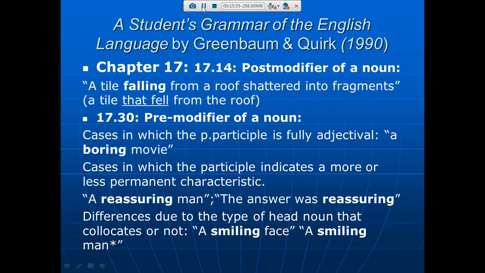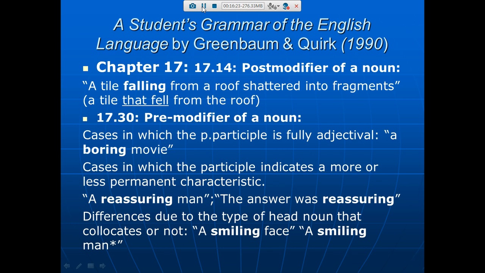Then they also speak about cases in which the participle indicates a more or less permanent characteristic, and this will depend on the function and position of the adjectival form. Let's say a reassuring man in attributive position conveys a meaning that is more permanent, a characteristic that is more permanent than reassuring in the answer was reassuring.